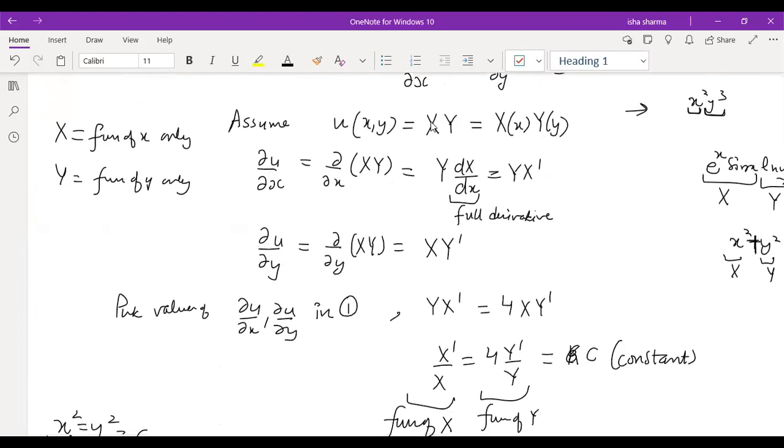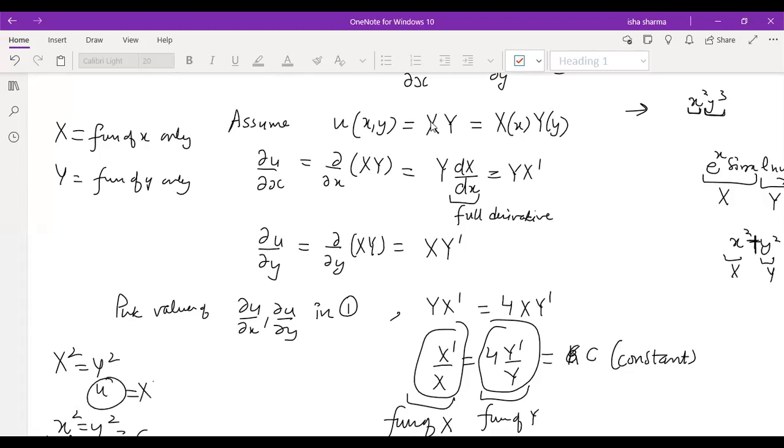Whatever form comes, like in this particular example, what does this represent and what does this represent? They are going to be a function of x and a function of y. So even if you get something like this, there is no point. What is capital X individually and what is capital Y individually? How will you know that? And how from here will you find u, which is a function of x and y?